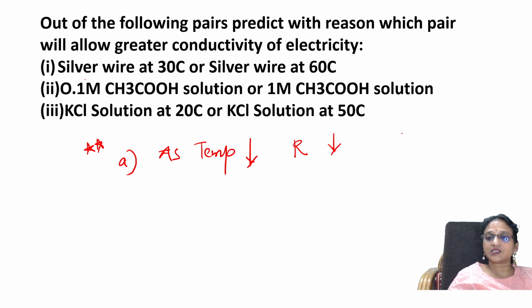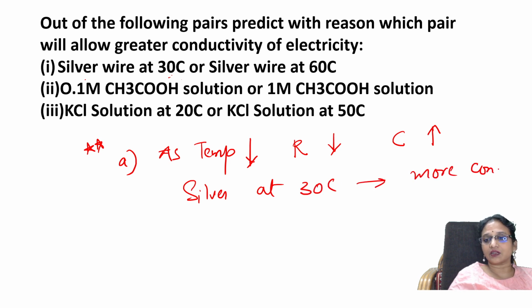Because resistance is decreasing, conductance increases. Whose temperature is less? 30 degrees. So silver at 30 degrees will have greater conductivity.